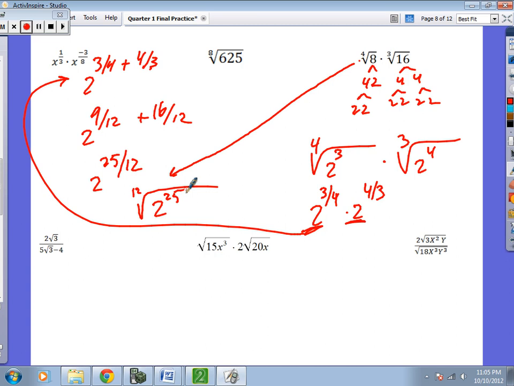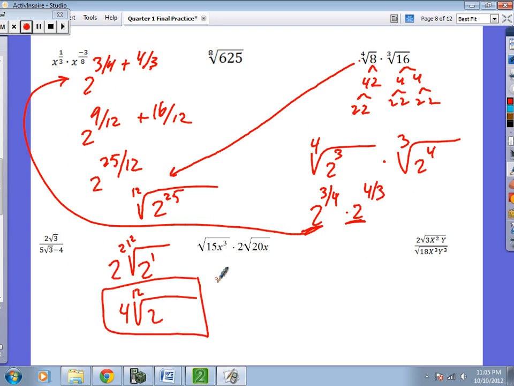How many sets of 12 do you have in 25? You can pull out 2 sets of 12, and 2 sets of 12 is 24, so you're going to have 1 left over. So 2 squared, 4 times the 12th root of 2 is the very best answer.